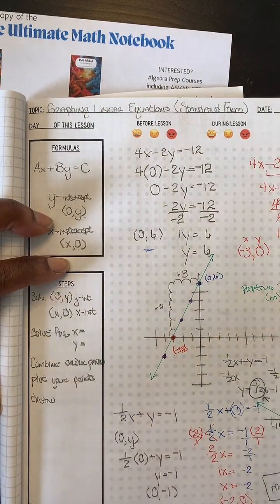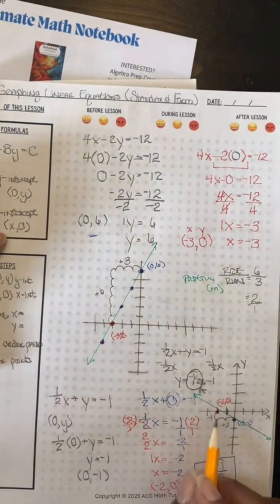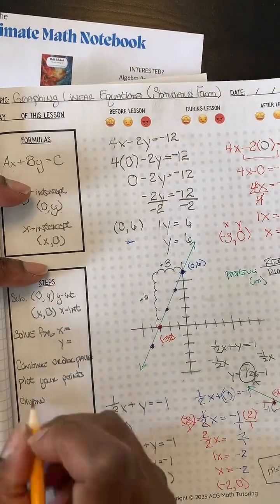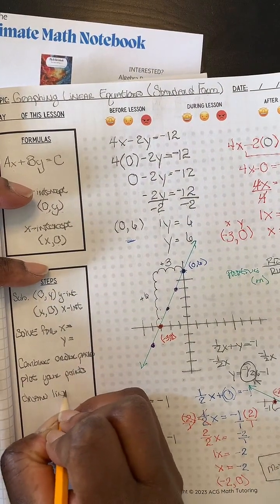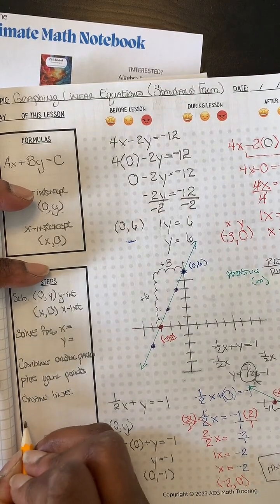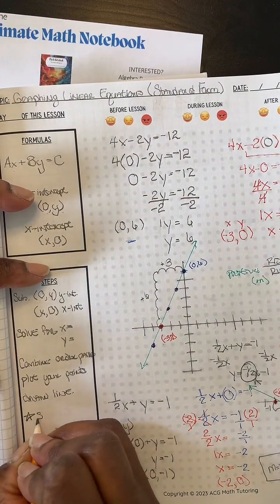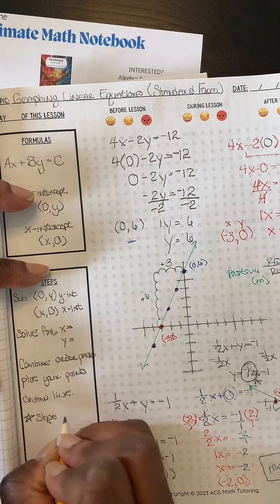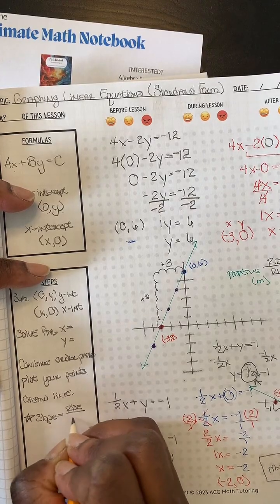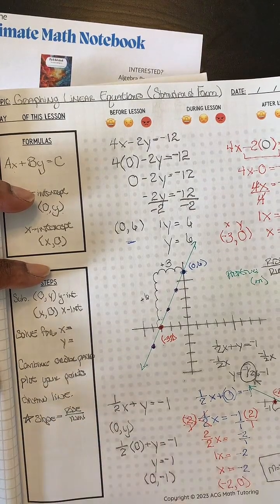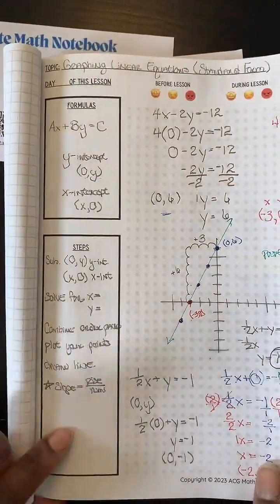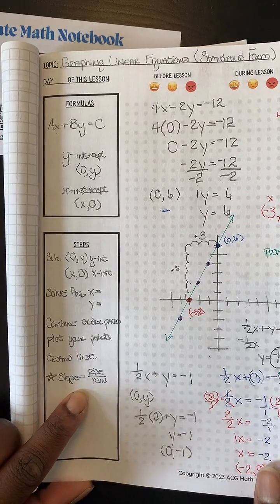So if they ever say draw a line, make sure you draw a full line. And if they ask for the slope, I'm just going to put this as a side note: your slope is your rise over your run. If they ever ask what the slope is, that's what you're looking for, rise over run.